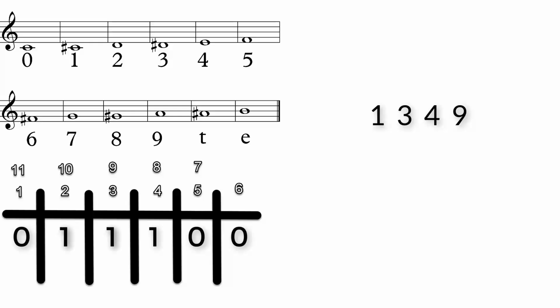Next, 3 and 4. 4 minus 3 is 1. Add 1 to that column. 3 and 9. Well, 9 minus 3 is 6. Add 1 to that column. After that, we have 4 and 9. Well, 9 minus 4 is 5, so let's add 1 to that column. This sums up integer notation as well as interval sets, or you can call them vectors.